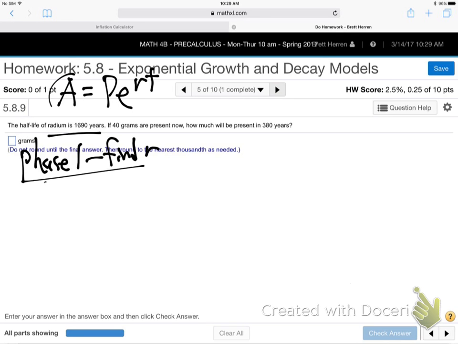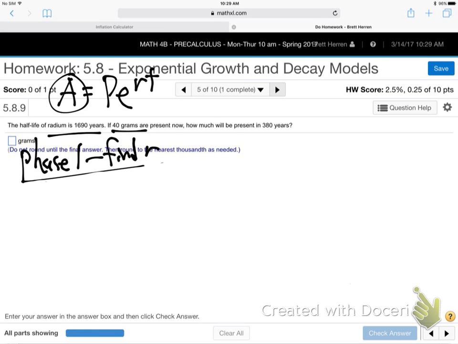So what does it mean? What's A going to be? What's the amount going to be? Is there 40 now? Yeah, 40 now, so we can just make it 20. Or half P, or 0.5P. Either way you prefer to do it. You can make the A 0.5P like that, or half P, and then drop the P's out. You're just going to have a 0.5 over there. That's fine.